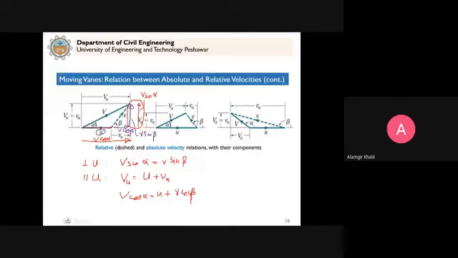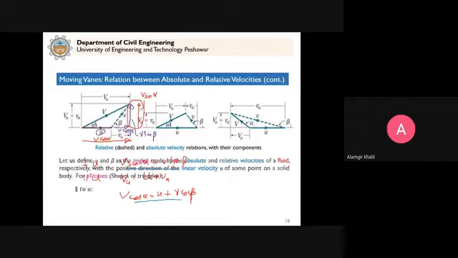So now from here you can see that perpendicular to u, this is the component, and parallel to u, this is the component. This is what we saw here. Parallel to u, V cos of alpha is equal to u plus small v cos of beta, and perpendicular to u, V sine of alpha is equal to small v sine of beta.